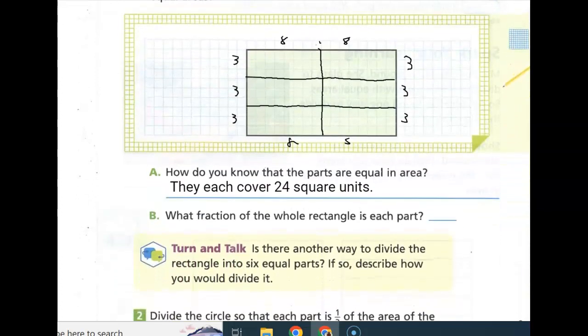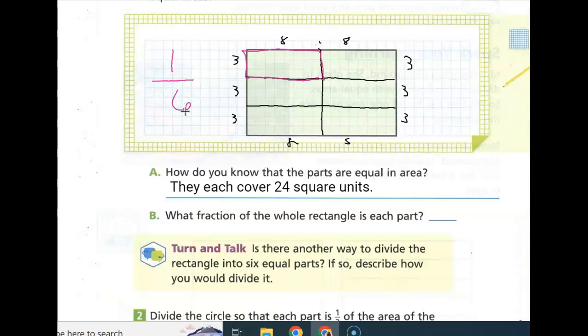And the next question is, what fraction of the whole rectangle is one of these parts? So what fraction of the rectangle is this square? How many parts did I draw? 24. Thank you. I drew around one part and there are 6 parts.